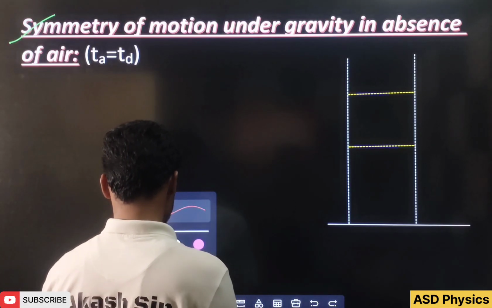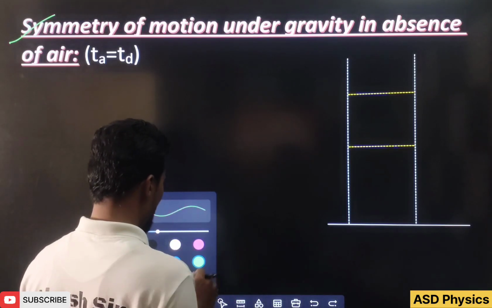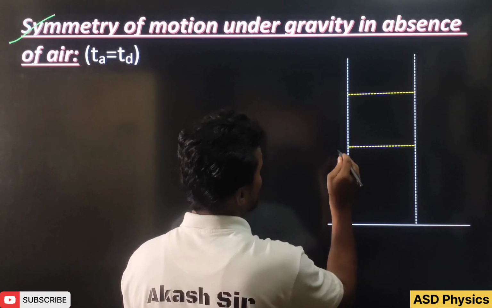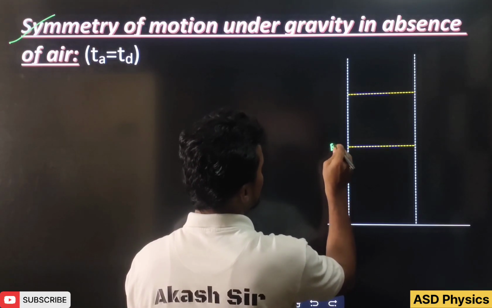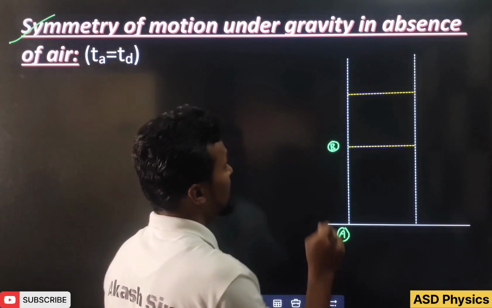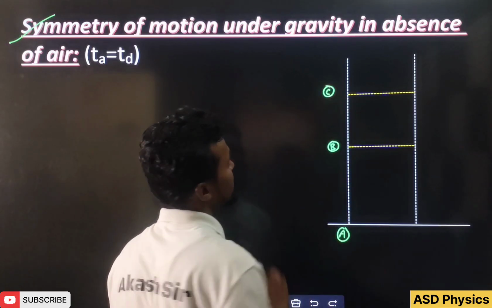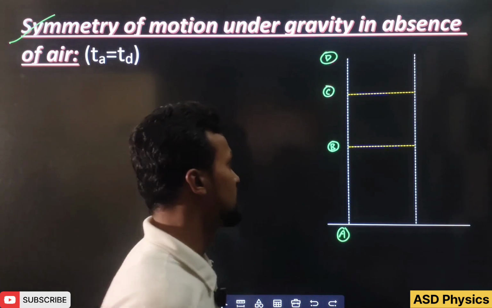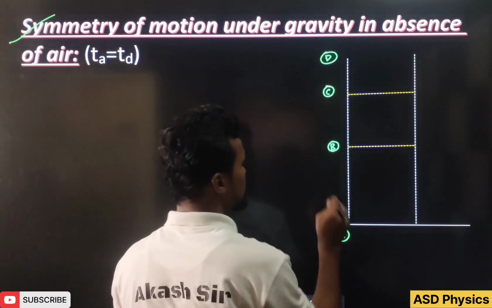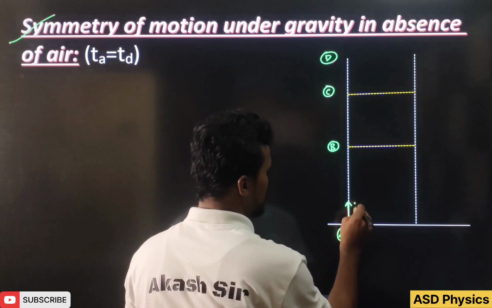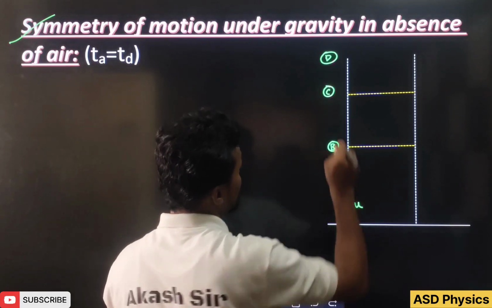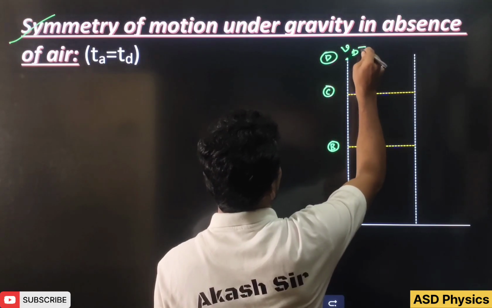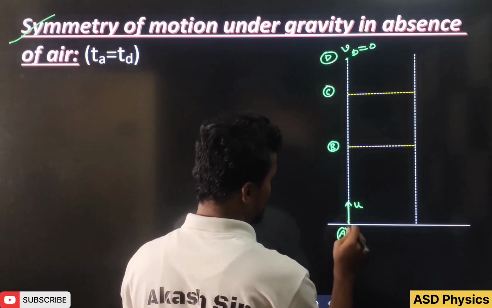See here, students, I'm going to take the points. As I have told you, first the object is going upward. So let's take this as point A, this point B, this point C, and one more point D. In this situation the object is going upward, so here the velocity is U, and when it reaches the highest point, the velocity at point D will be 0.